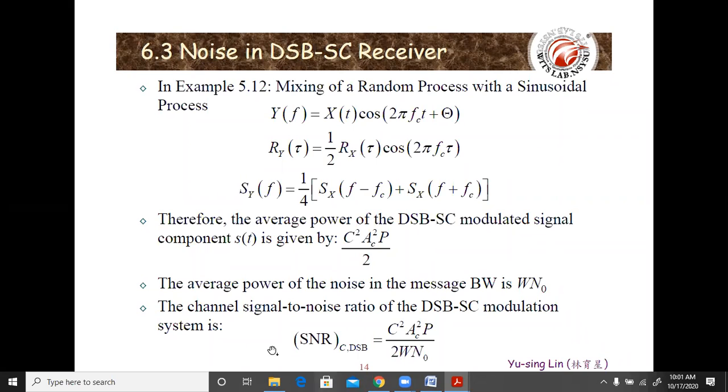The average power of the noise in the message bandwidth is W N0, or the same thing as B_T N0. The channel signal to noise ratio of the DSB-SC signal is given by SNR_C,DSB equal to C square Ac square P by 2 divided by W N0, which is written here like this.